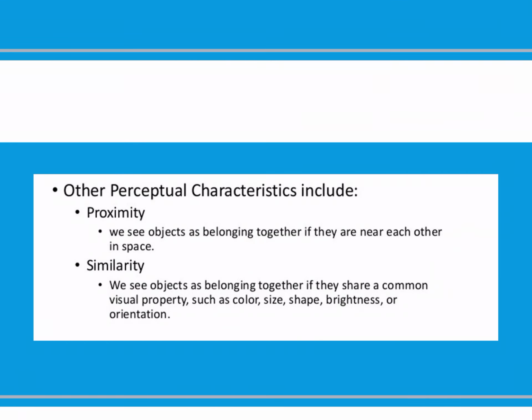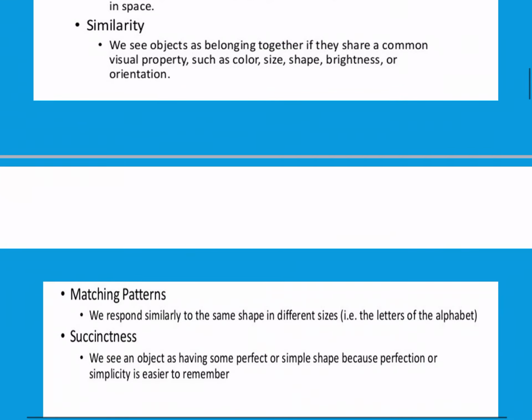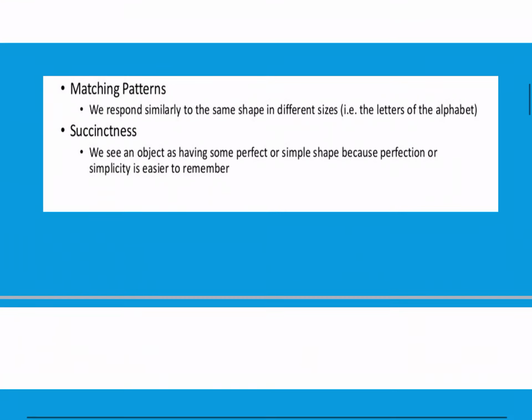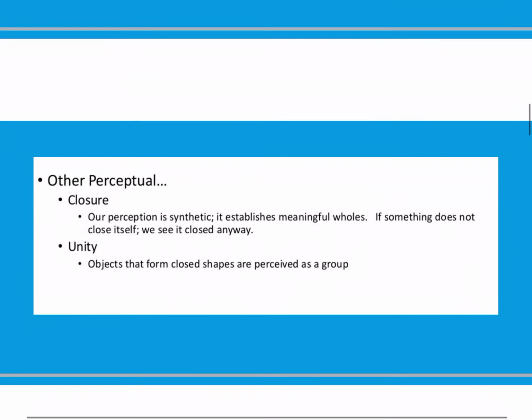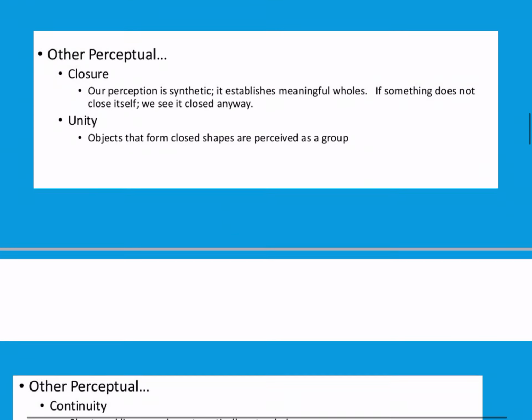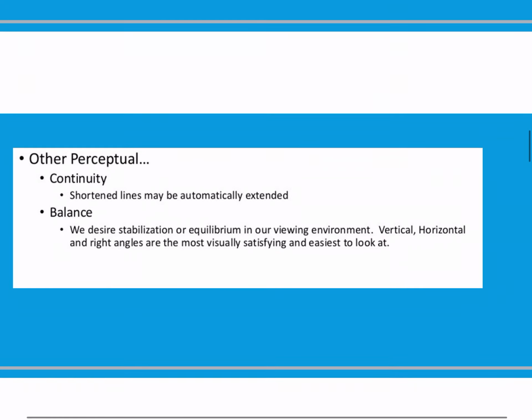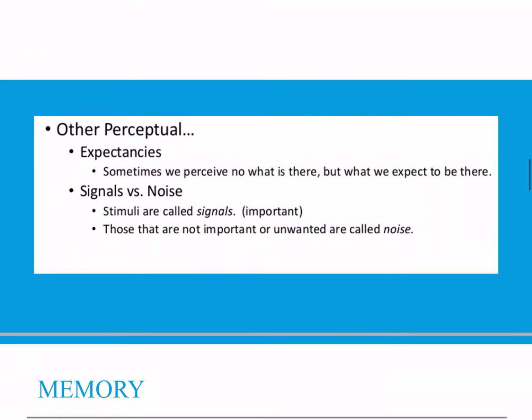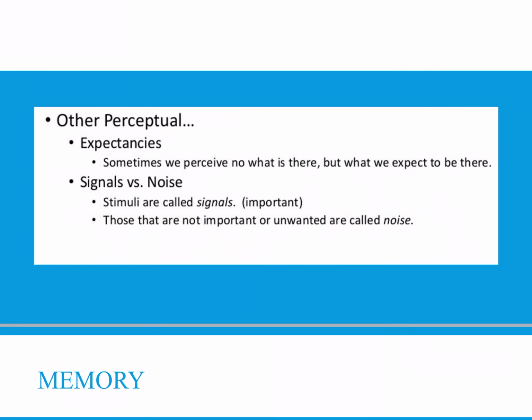Other perceptual characteristics include proximity, similarity, matching pattern, simplicity. Other perceptual concepts would be closure, unity, continuity, balance, expectance, signals versus noise.